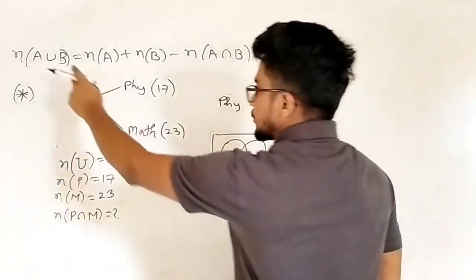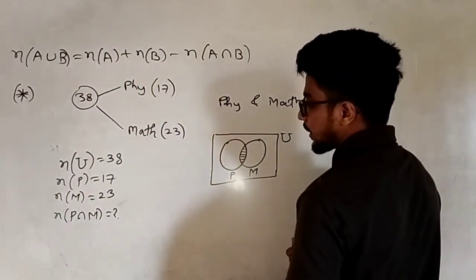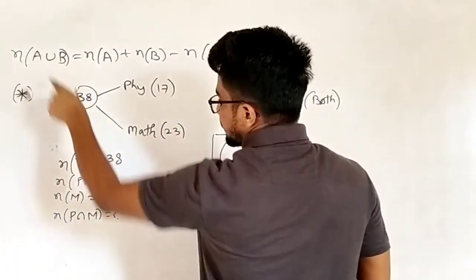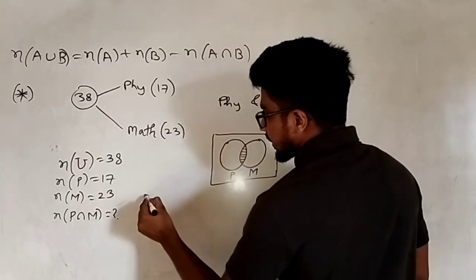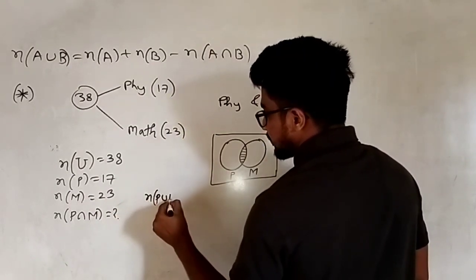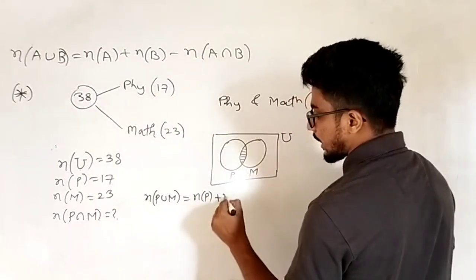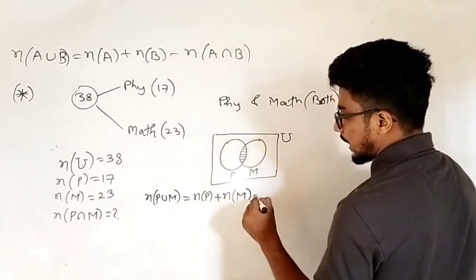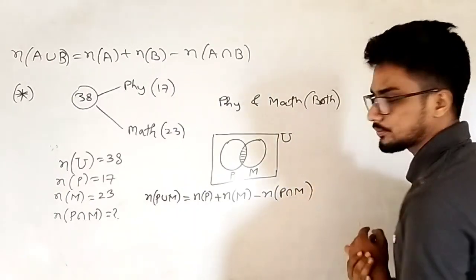Now, by using this formula we can find n(P intersection M), because if we replace A by P and B by M, then we get another formula: n(P union M) equals n(P) plus n(M) minus n(P intersection M).